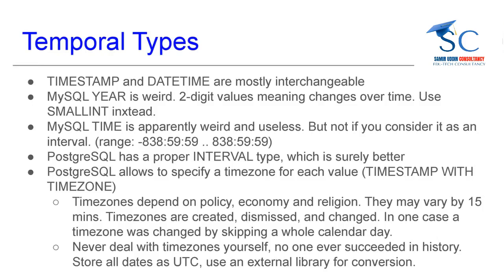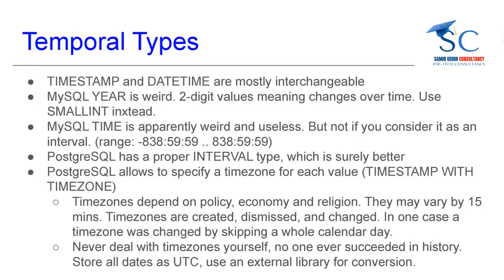Also, Postgres allows you to specify a time zone for each value you store. This happens, for example, when you define a column as a timestamp with time zone. But time zones depend on policy, economy, religions, a lot of things. So they basically change over time. Two persons living more or less in the same place could have different time zones. The difference between time zones is not always 1 hour.